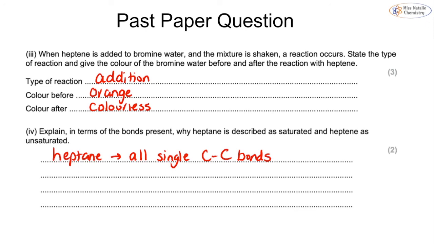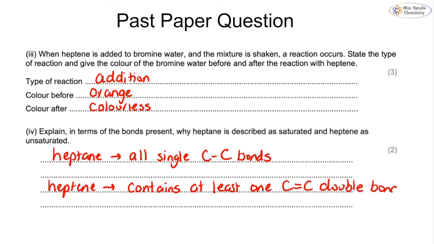Okay, remember we're having to specify that it's the carbon-to-carbon bonds, whereas heptene, because it is unsaturated, contains at least 1 carbon-to-carbon double bond. So the saturated, or the heptane, all carbon-to-carbon single bonds. The heptene has at least 1 carbon-to-carbon double bond.